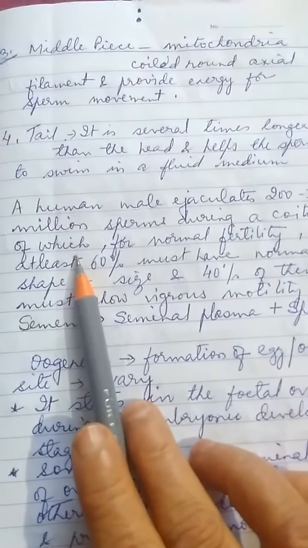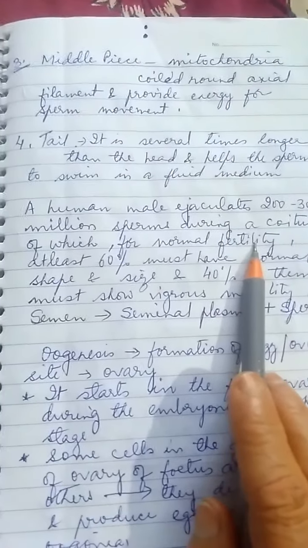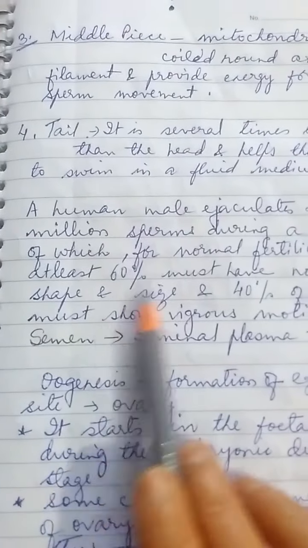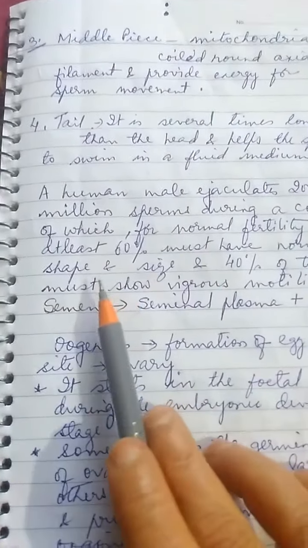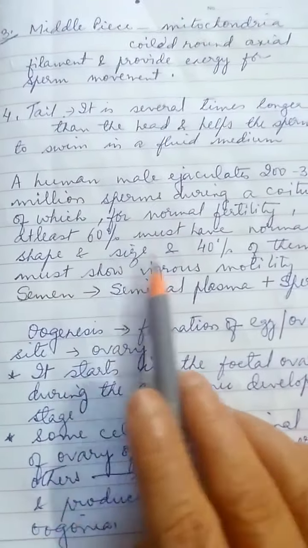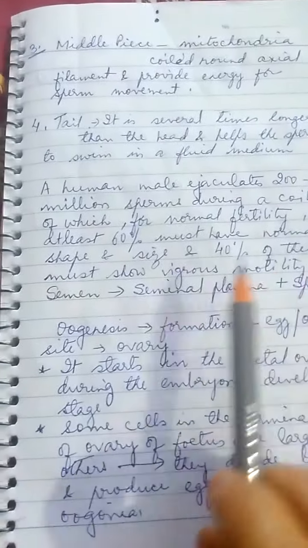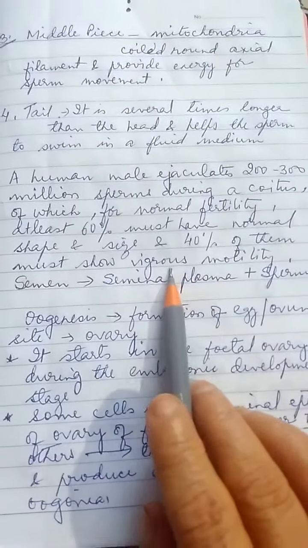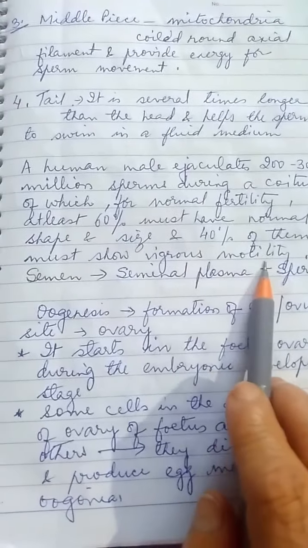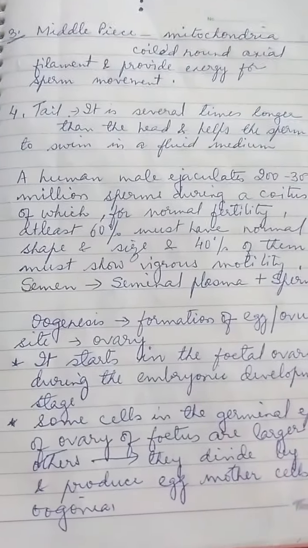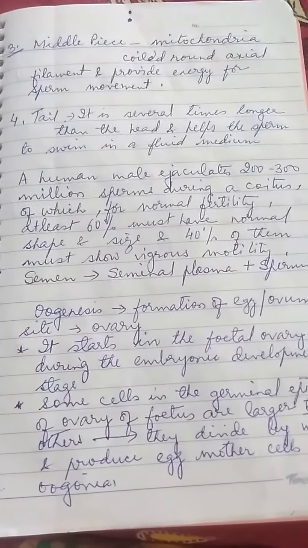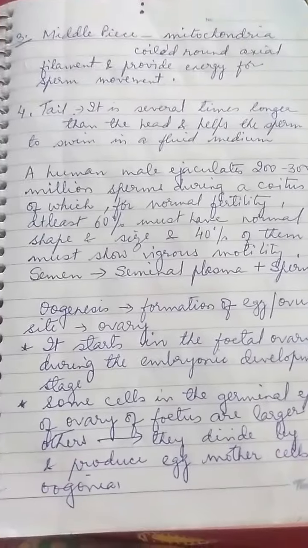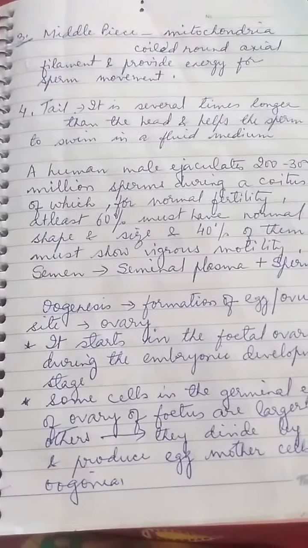Out of these 200 to 300 million sperms, for normal motility, at least 60% must have normal shape and size, and out of these 60%, 40% should show vigorous motility, so that from the time they are discharged in the vagina, they are able to reach the site of fertilization, up to the fallopian tube, right?